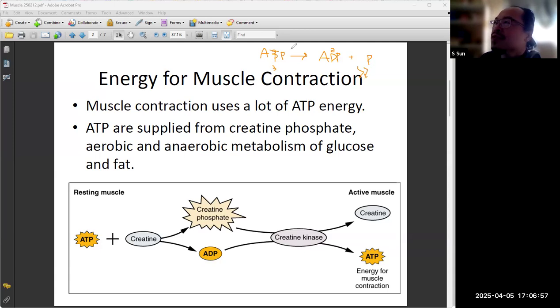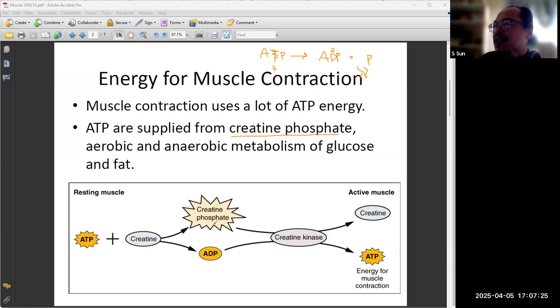And once muscle uses all this ATP, then muscle accumulates a lot of ADP. Now, what can muscle do? After using the ATP, muscle will then start to generate more ATP from creatine phosphate.